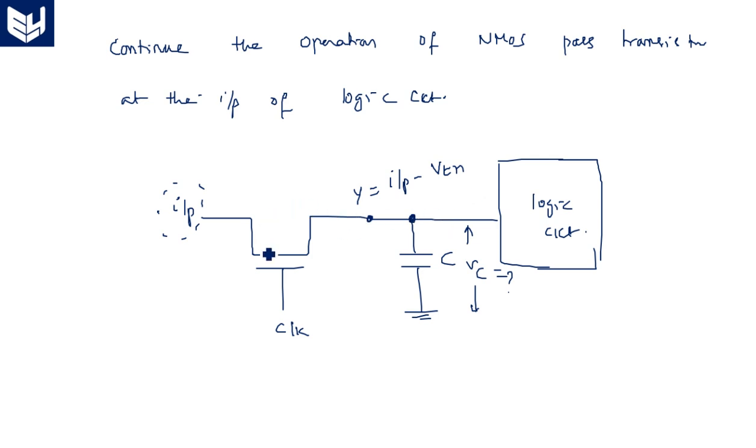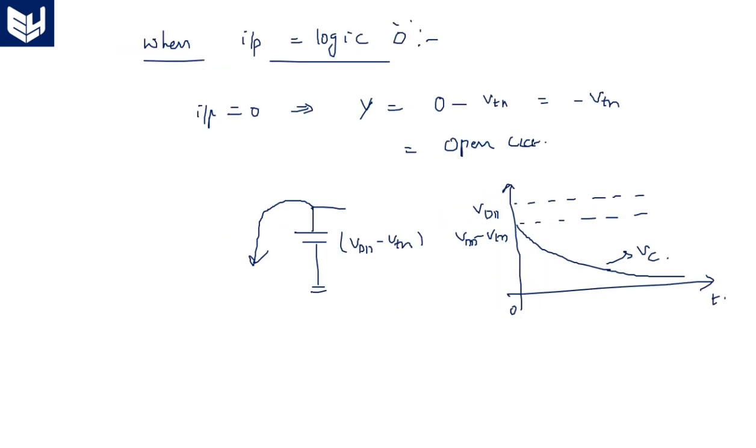That is the effect of a pass transistor followed by a capacitor at the input of a logic circuit. All these are very important when we are going for digital logic circuit design and implementation. We should consider the characteristics of the pass transistor and the internal parasitic effects when we are going for the implementations. Okay, thank you.